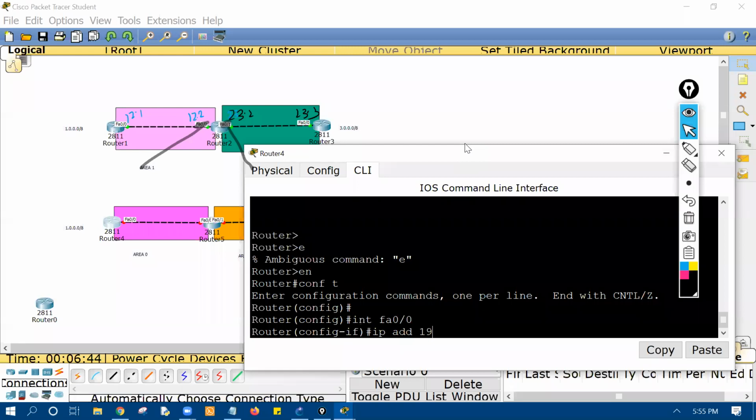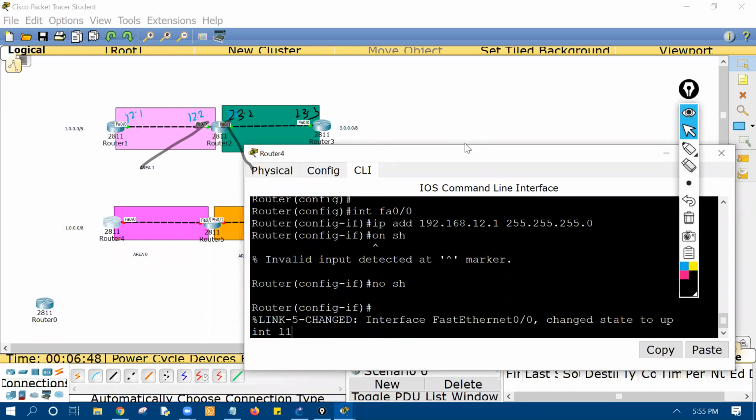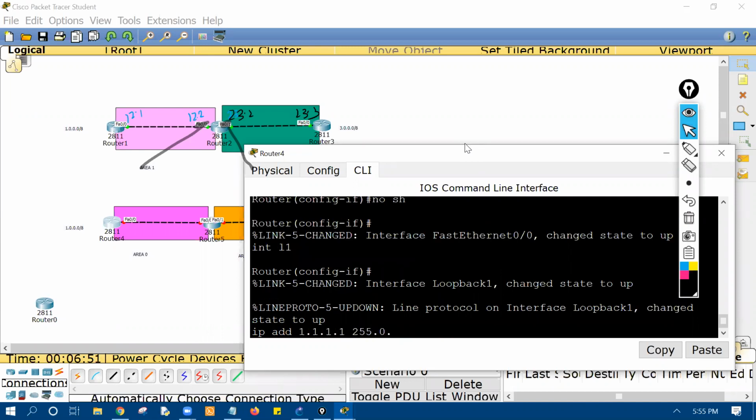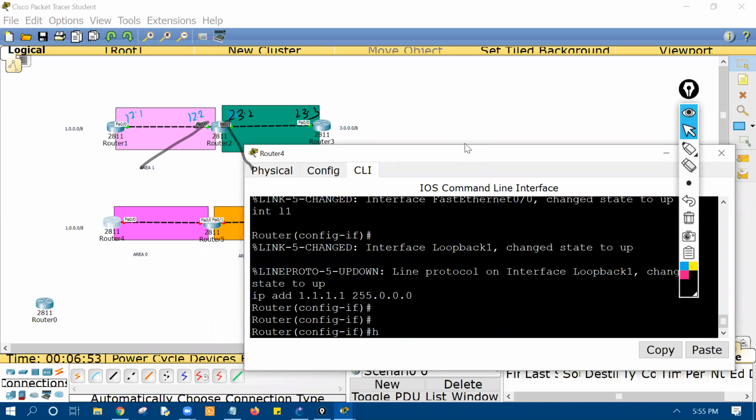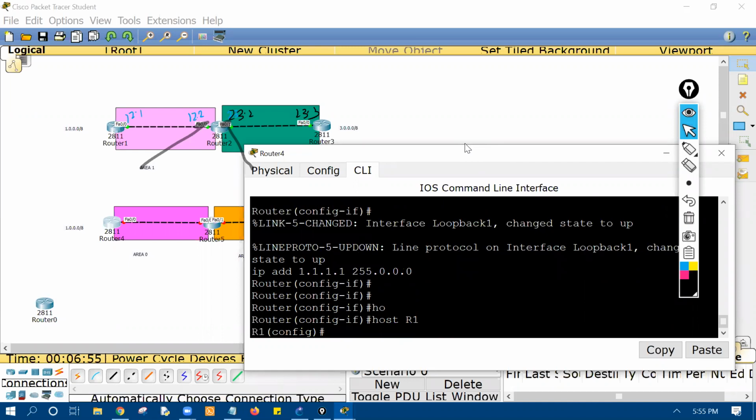Same IP address I'm going to use over the 12.1/24, interface loopback number 1 IP address. Hostname R4, right?